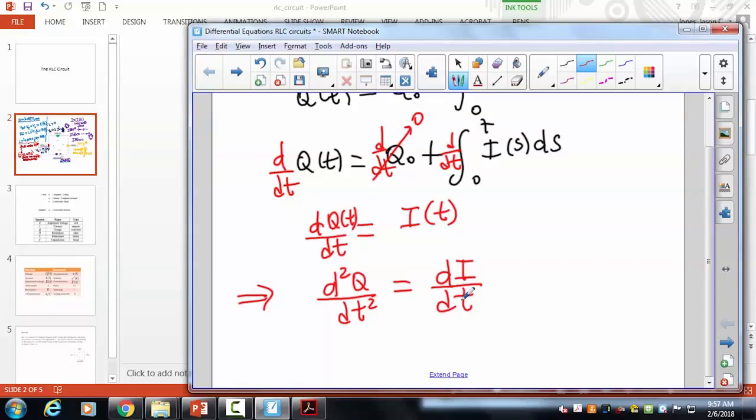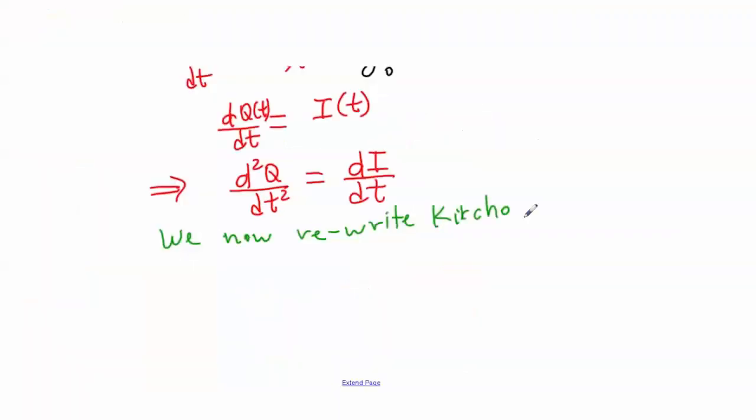Okay? So we can then rewrite Kirchhoff's law.